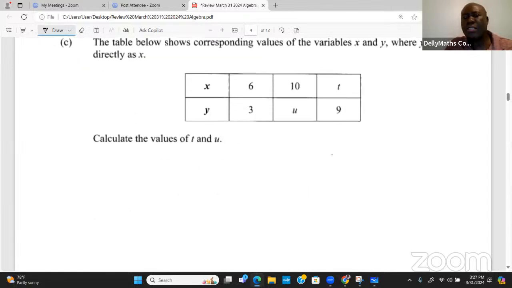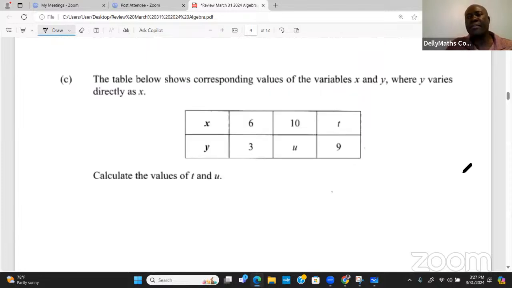Now, another thing that comes a lot on our paper is, I think, variation right here. So we're looking at variation, and it says the table below shows corresponding values of the variables x and y, where y varies directly. And this is very important.